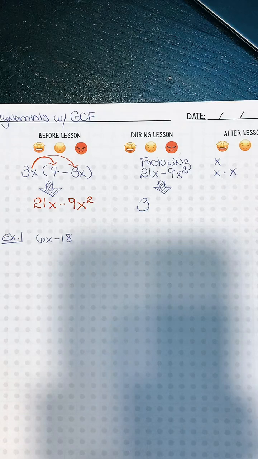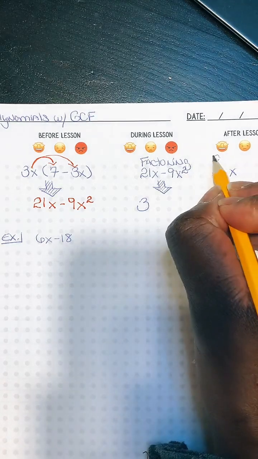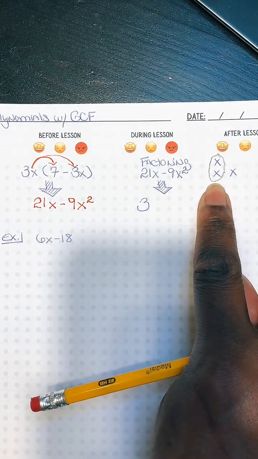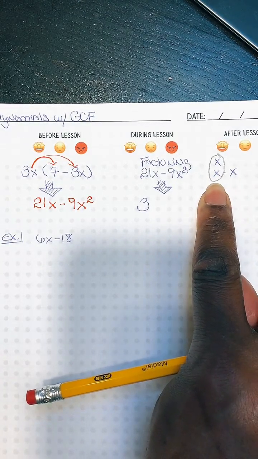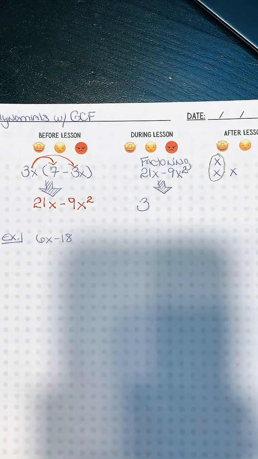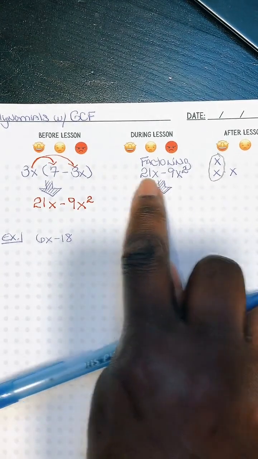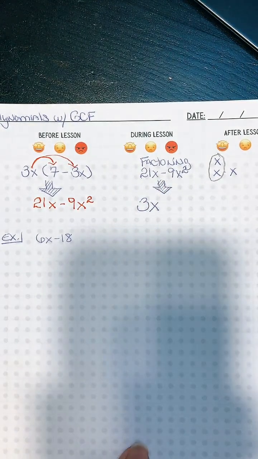If I group them, I have one set of x's in common, so I need to pull out one x from each of these terms.